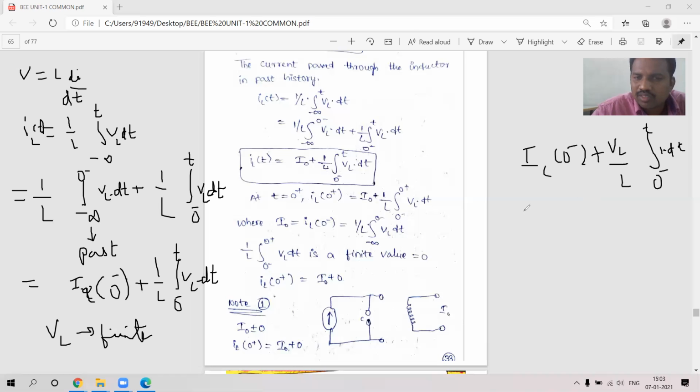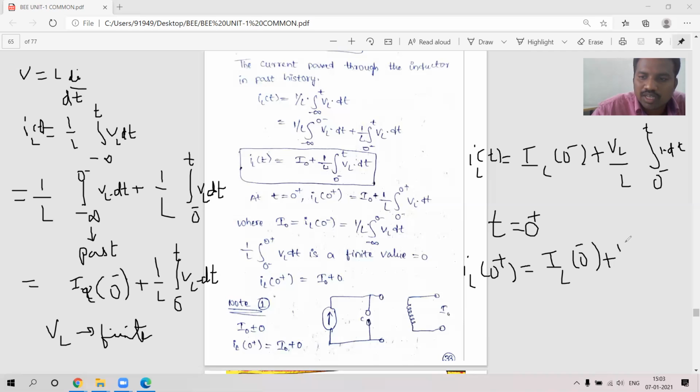Now let us substitute the values from 0 minus to 0 plus. When the switch is on at t equal to 0 plus, IL of 0 plus is equal to IL of 0 minus plus VL by L times the integral from 0 minus to 0 plus of 1 dt.